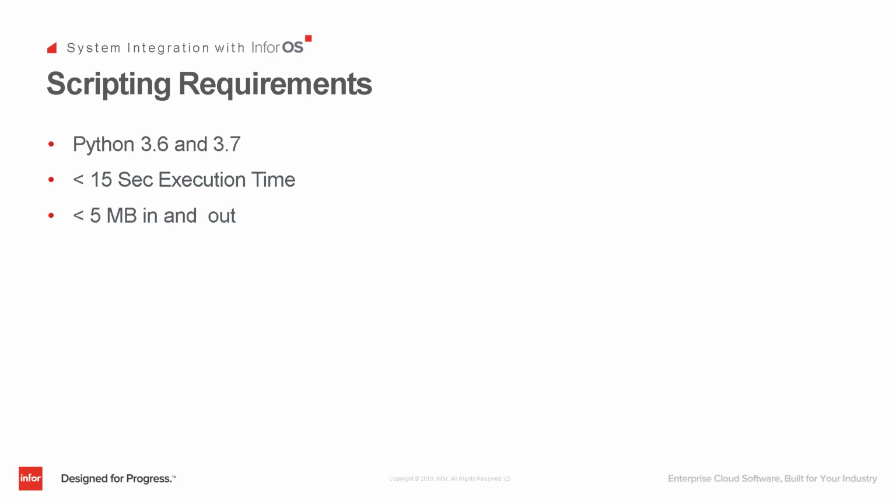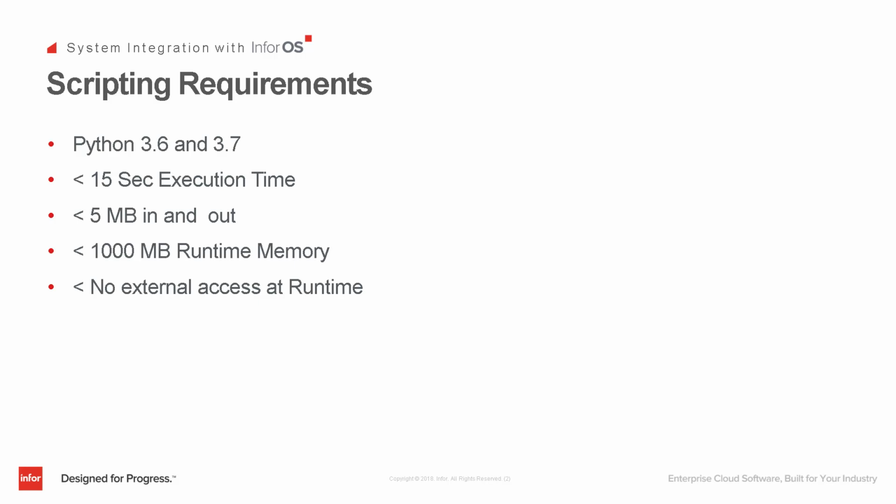The payload that comes into the script from your document flow and then back out of the script to your document flow has to be smaller than 5 megabytes in size. The total runtime memory consumed during the execution of that script has to be less than 1,000 megabytes. There's also no external access to any other systems via API calls or web service calls or anything like that within your script during runtime.